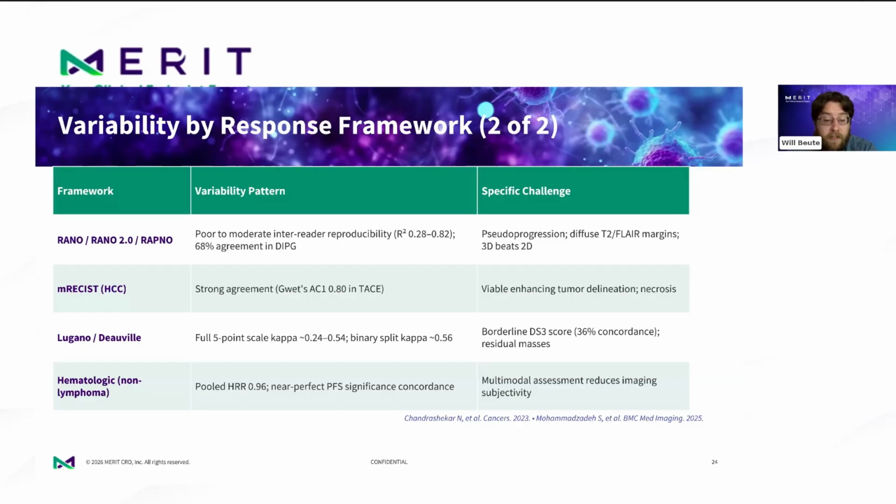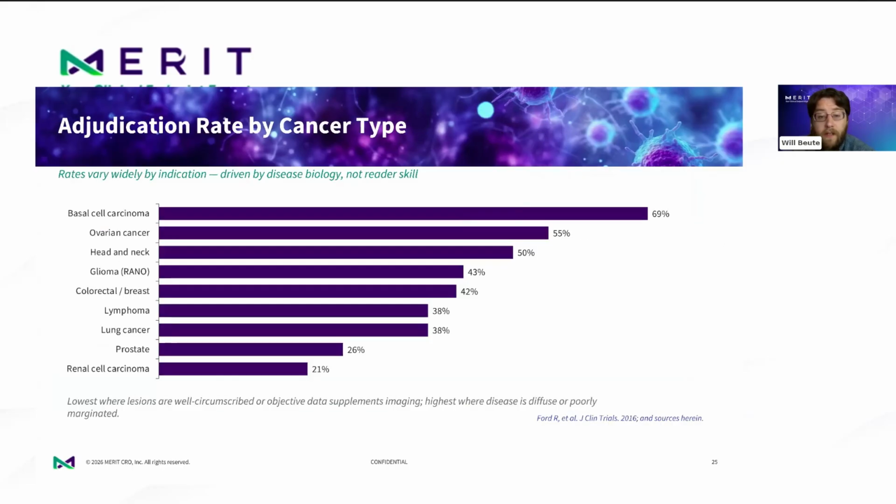So the lesson across these frameworks tends to be pretty clear, which is that the framework and the biology together determine how much variability we should expect, which is an important consideration when designing a new trial based around a particular response criteria framework or cancer type. This chart ranks adjudication rates by cancer type, and the spread is dramatic.